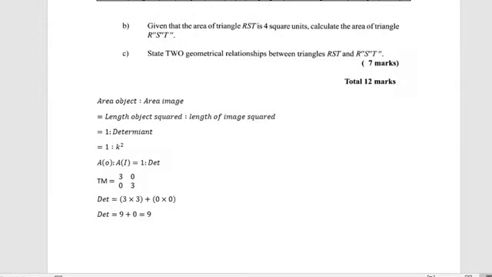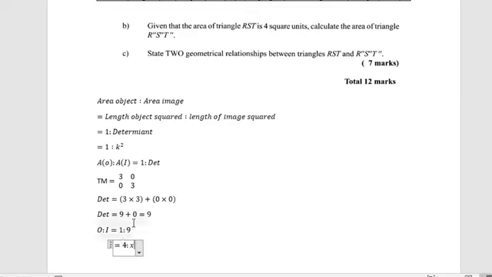Therefore, area of the object to image is equal to 1 to the determinant, which we got as 9, and it is saying that the area of the triangle RST was 4 square units. So therefore what we have is that being equal to 4 to x. So we're trying to now solve for x basically. What we can do here is just to do some cross multiplying.